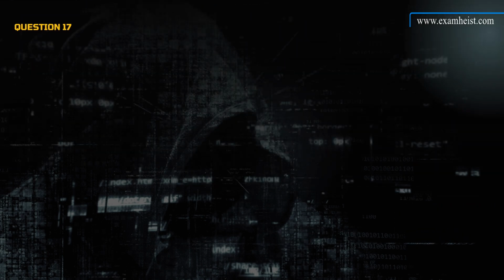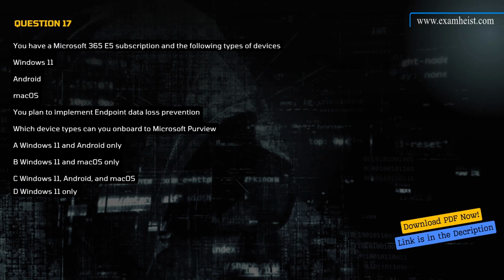Question 17. You have a Microsoft 365 E5 subscription and the following types of devices: Windows 11, Android, macOS. You plan to implement endpoint data loss prevention. Which device types can you onboard to Microsoft Purview? A. Windows 11 and Android only.